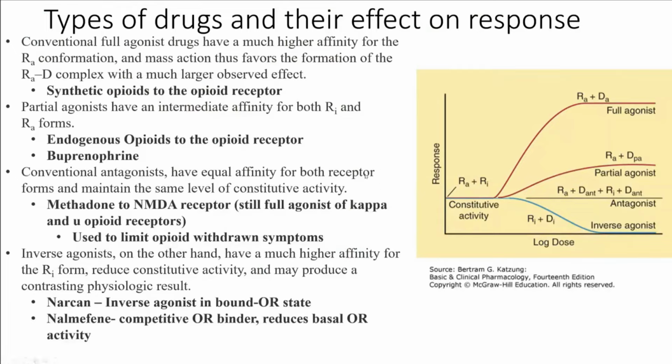All right, so there's a lot going on in this slide. First is what is on the right. This is called a dose response curve. On the y-axis, we have the response of the drug. The x-axis, we have the log of the dose, so log of the concentration of the dose. And we have these letters.